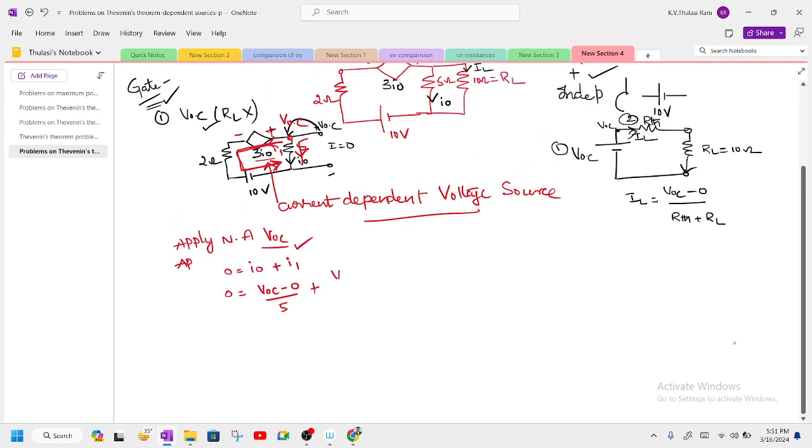VOC minus 3 into I naught minus 10, divided by the branch resistance, 2 ohms. Now you can see this equation.